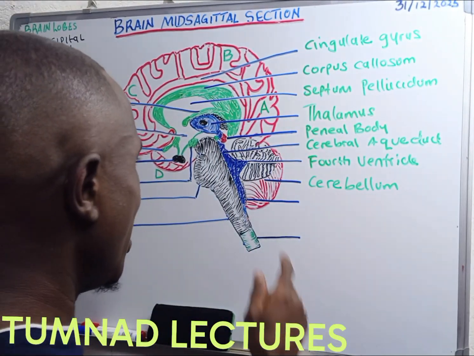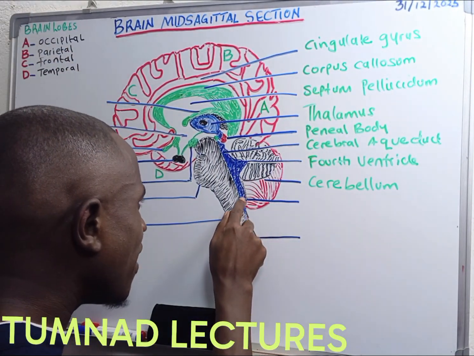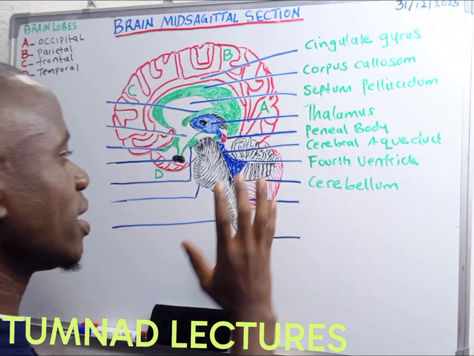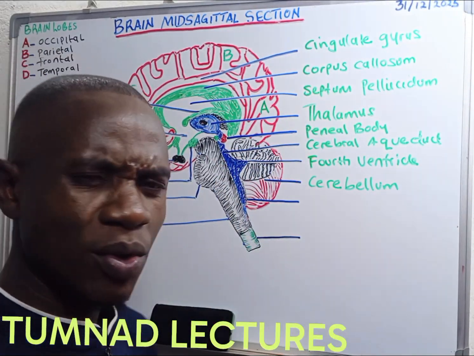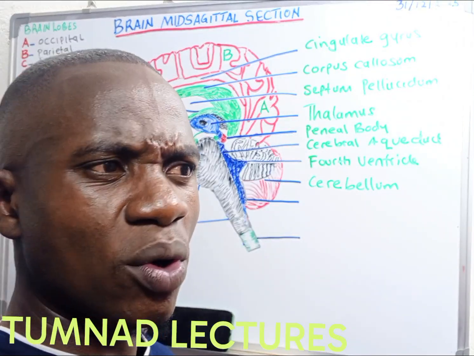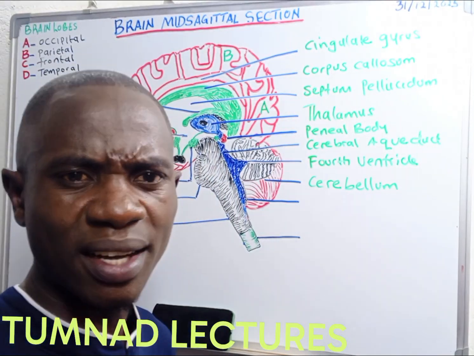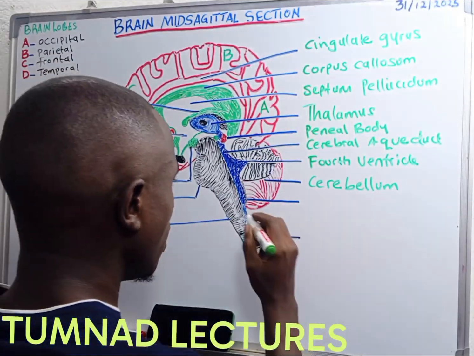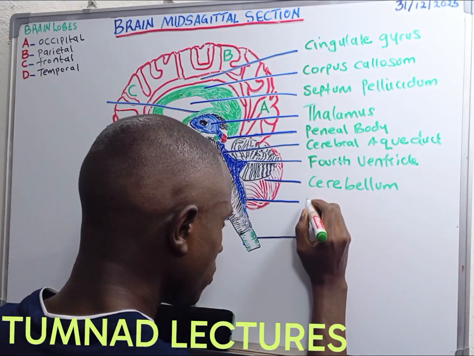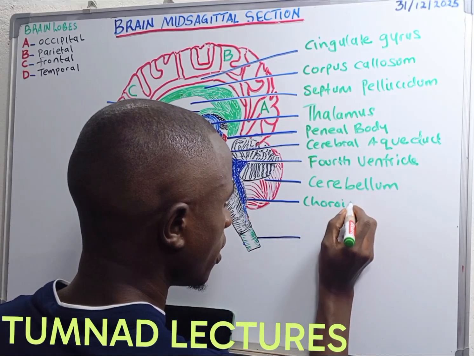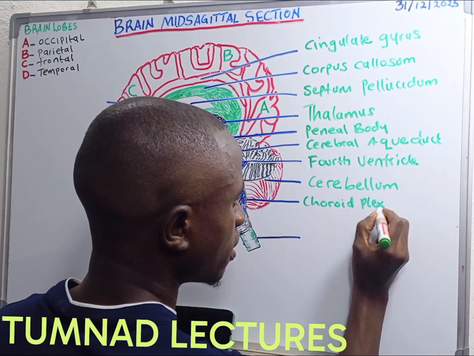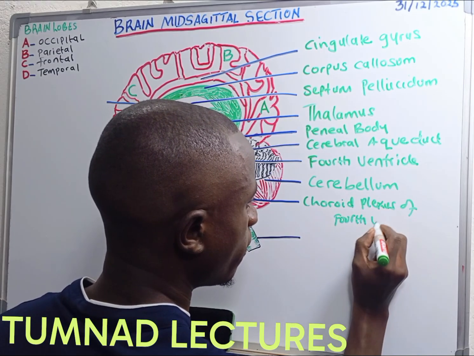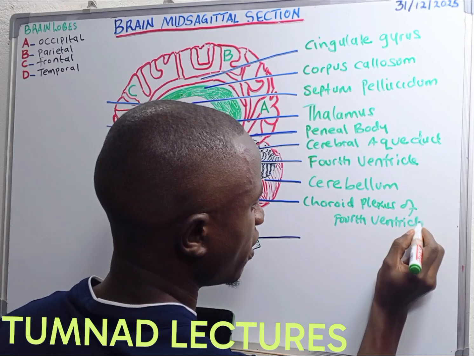Okay? Now, we have these very tiny cells, the plexus here, which is going to be secreting cerebrospinal fluid to the fourth ventricle. You see, every ventricle has what we call plexuses, which are responsible for secretion of cerebrospinal fluid. So now this one here is the choroid plexus of the fourth ventricle.